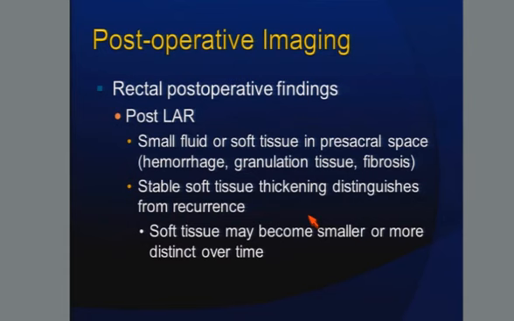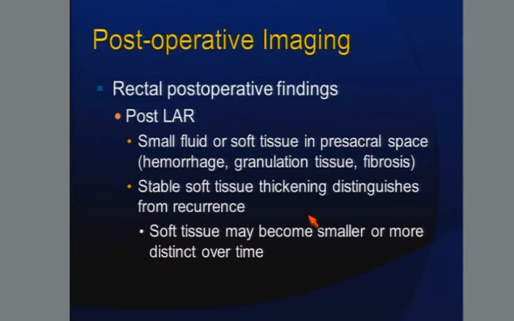It is also a very steep area for the surgeon to dissect, so a lot of the dissection is blind, especially in a steep pelvis. So they're going to scrape a bit off of the presacral space, and that causes some hemorrhage and causes some granulation tissue in there. So that is a routine normal finding.